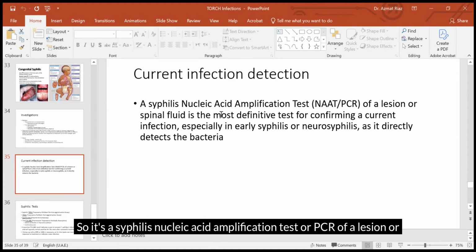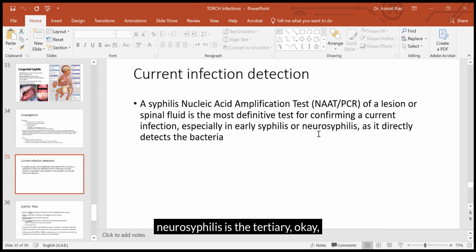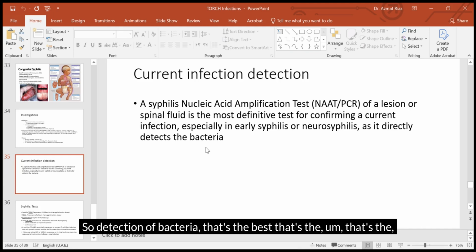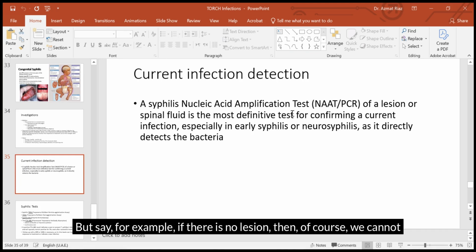It's the syphilis nucleic acid amplification test, or PCR of a lesion or spinal fluid, which is the most definitive test for confirming current infection, especially in early syphilis or neurosyphilis, and neurosyphilis is the tertiary stage, as it directly detects the bacteria. Detection of bacteria is the ideal situation. But if there is no lesion, then of course we cannot do this test.